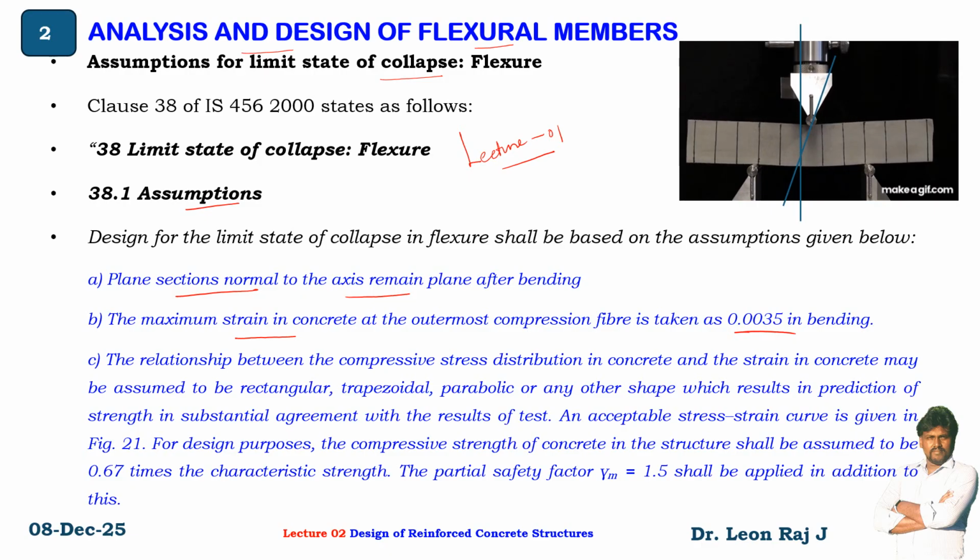The relationship between the compressive stress distribution in concrete and the strain in concrete may be assumed to be rectangular, trapezoidal, parabolic, or any other shape which results in prediction of strength in substantial agreement with the results of tests. An acceptable stress strain curve is given in figure 21. These are all things we have seen in the previous lecture.